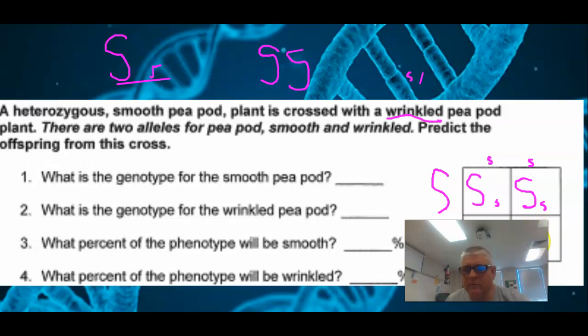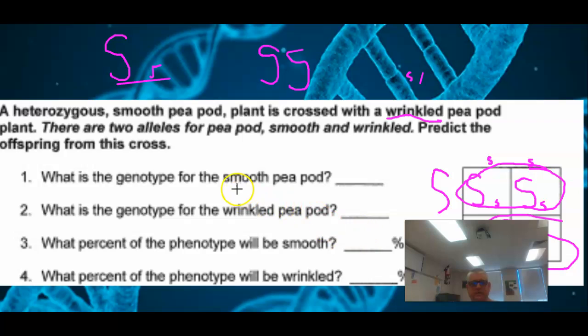Sorry, those letters don't look like S's. All right, so now what we need to look at is these are both little, so 50% are going to be wrinkled, and 50% of them are going to be smooth.